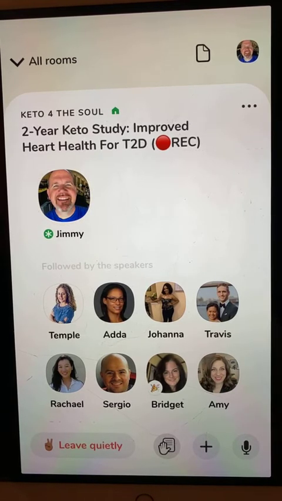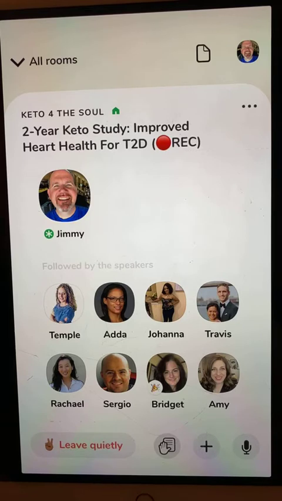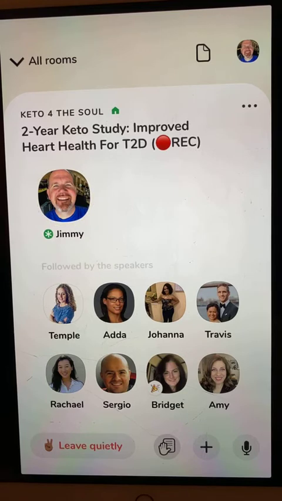Most of them on PubMed and other places, they're behind a firewall. I usually have to ask a medical doctor friend of mine to print out some studies for me, and I will be doing that for you here at Keto for the Soul. But go check it out. Impact of a 2-year trial of nutritional ketosis on indices of cardiovascular disease risk in patients with type 2 diabetes.